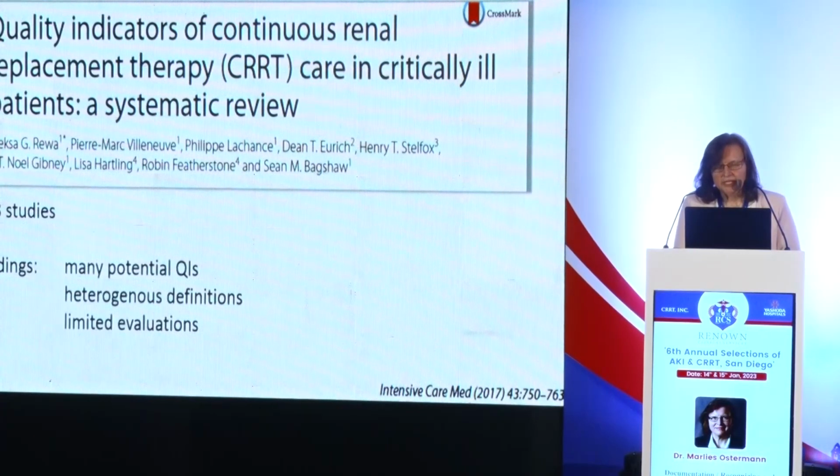Now, the literature could help a bit, and Professor Bagshaw and colleagues in Canada have had a strong interest in quality care, high-quality CRRT for a while, and looked at the existing literature. And they identified 133 studies that had looked at quality indicators for potential auditing and quality improvement projects.